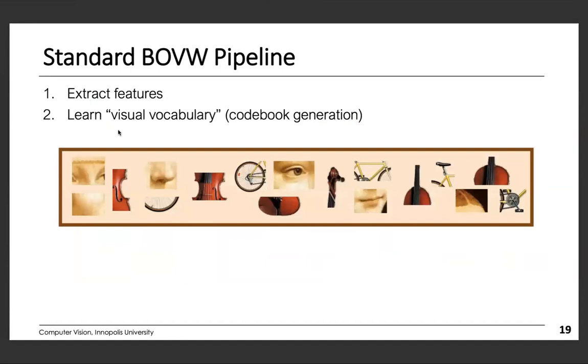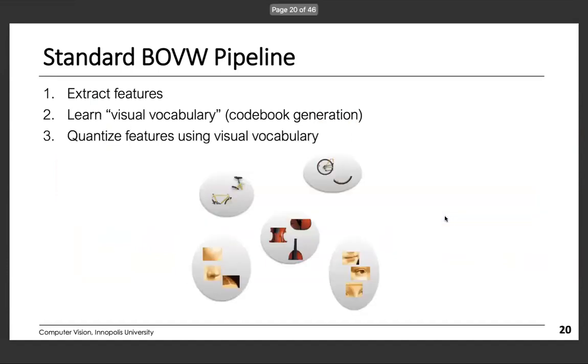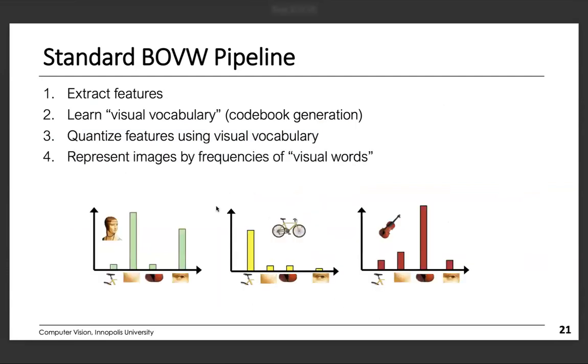Then learning the visual vocabulary, quantizing the features using the visual vocabulary, which is putting them into clusters, and we'll see what that means. Then representing images by frequencies of visual words, and on top of these frequencies, we will build a classifier.